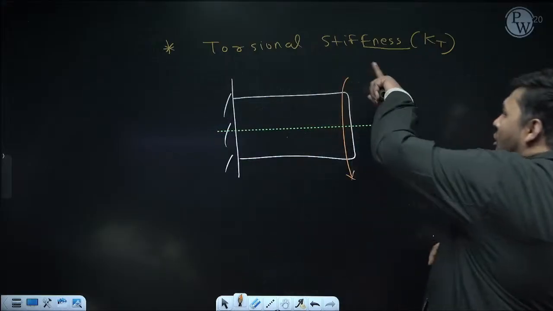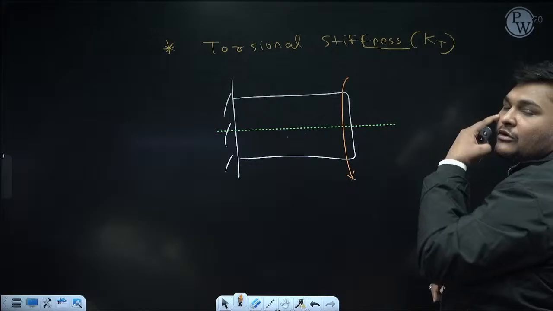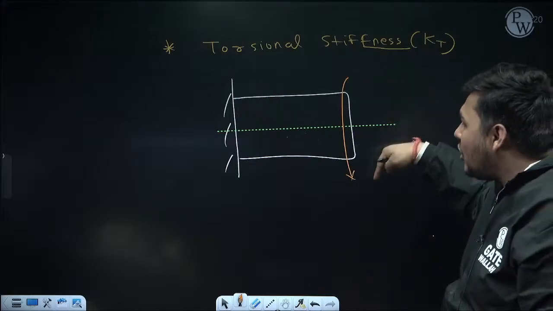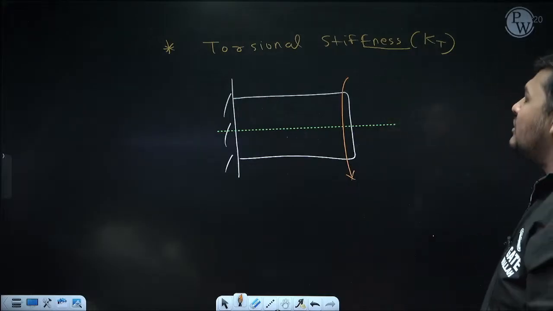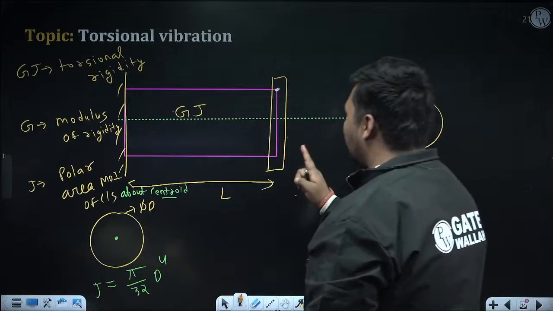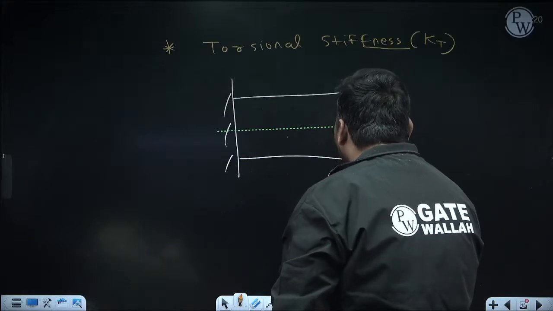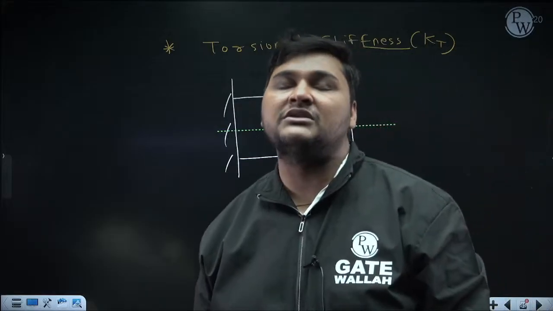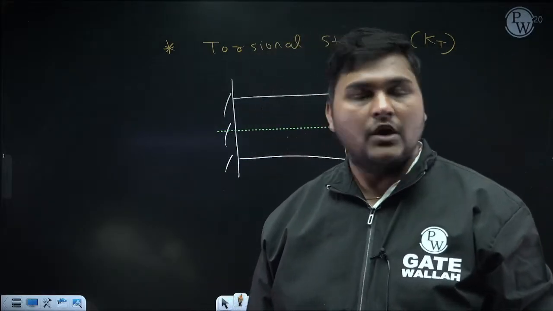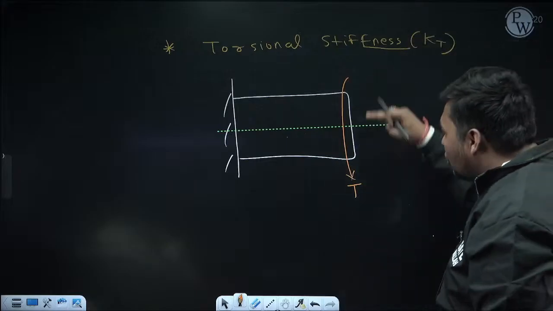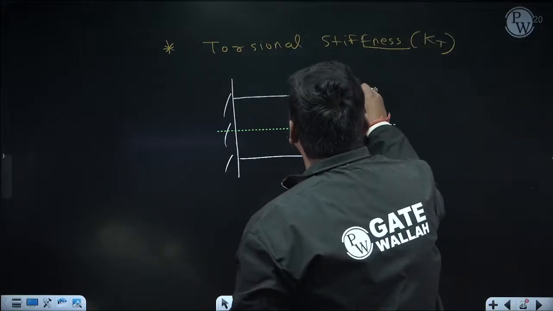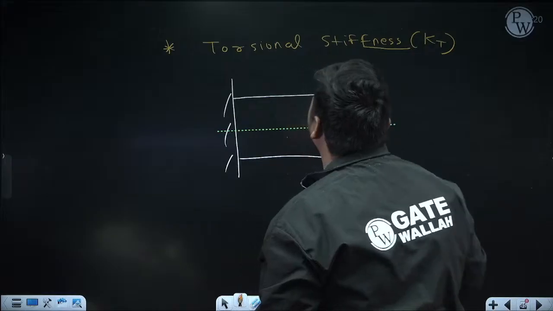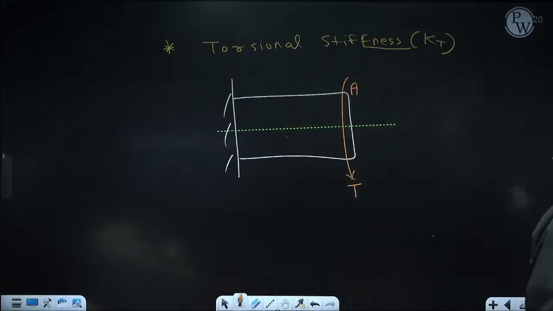So at the location where the rotor is attached, we will apply a concentrated torque instead of a concentrated force. Now, due to this torque, we will calculate the angle of twist of the same point, like we were calculating the deflection in the axial direction in the case of longitudinal vibration.